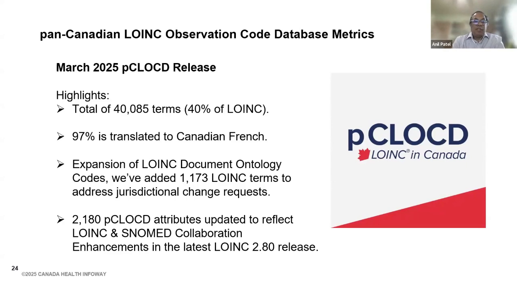There were also 2,180 PCLOCD attributes added, which reflect the LOINC and SNOMED collaboration that's going on. And these enhancements were added to the latest version of the LOINC 2.80 release. There's ongoing work with that, and we will try and stay abreast of it. Any changes that do happen, we want to make you aware of them before they get implemented.